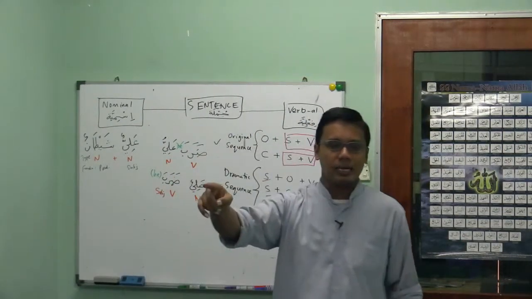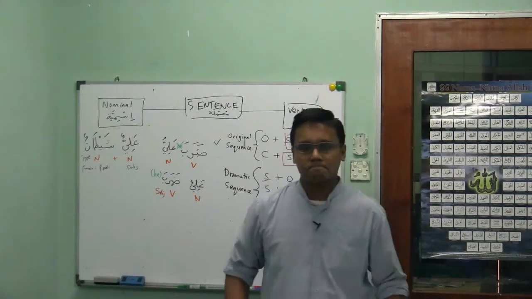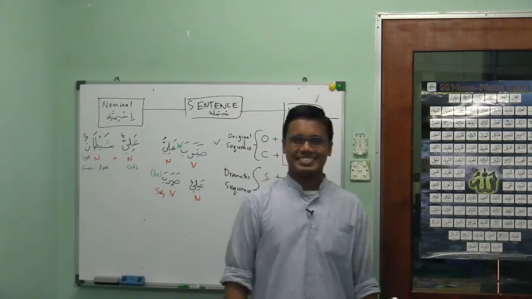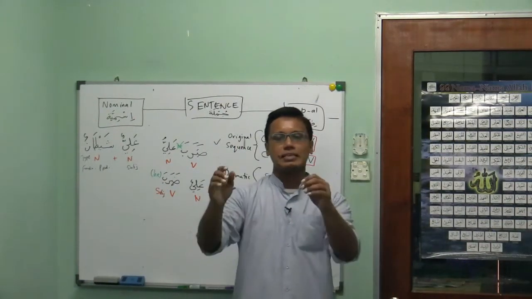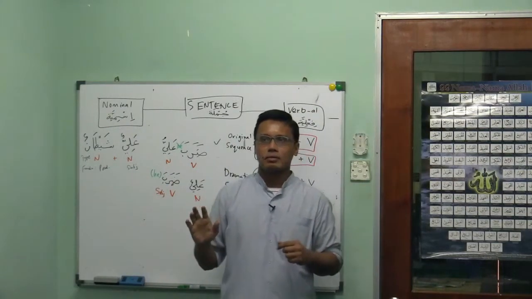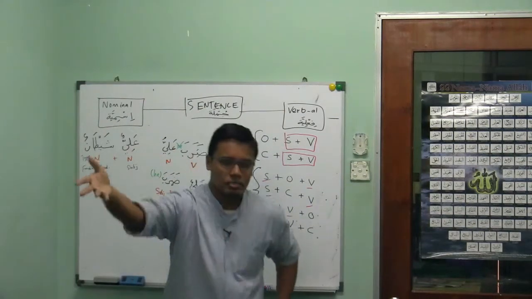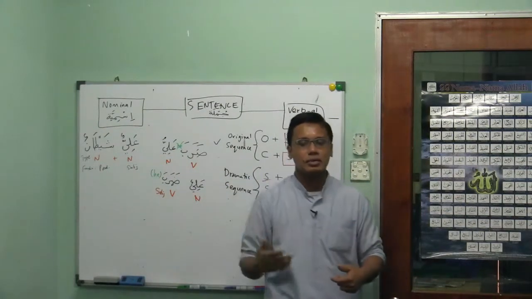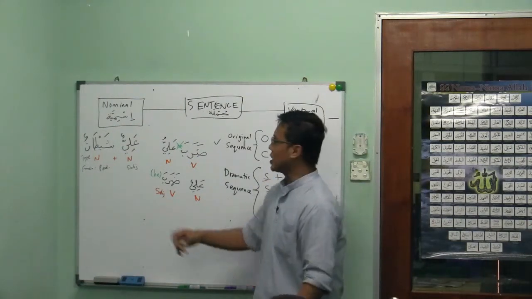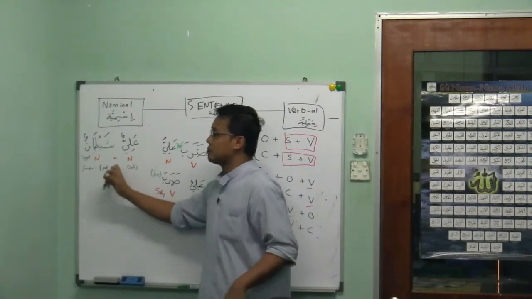Nadia is nice. Which one is subject and which one is predicate? Nadia is subject because we are talking about her. What's the story about her? Nice. So nice is the predicate. So when you have a nominal sentence, there is always a subject and predicate.